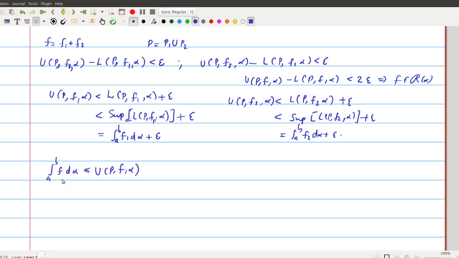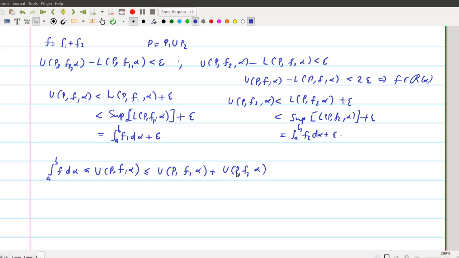The upper integral is the same as the integral because f is integrable. So this is always less than or equal to U(P, f1, alpha) plus U(P, f2, alpha).